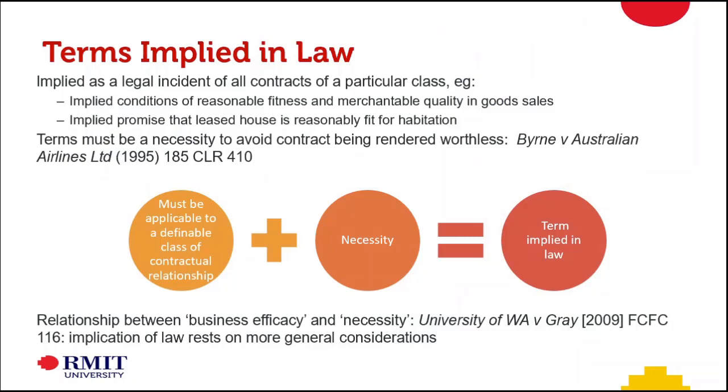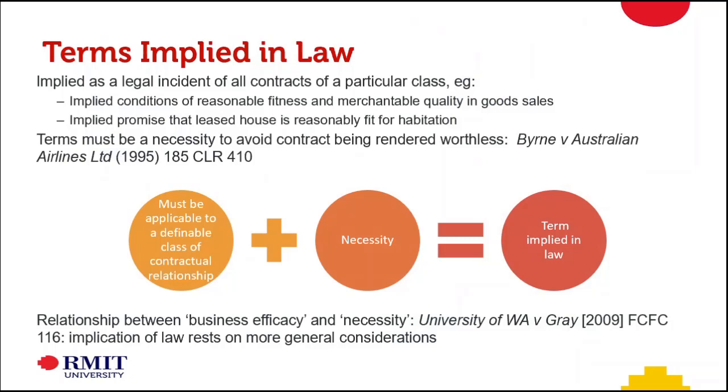Terms that are implied as a matter of law need to be applicable to a definable class of a contractual relationship. So there's a number of implied terms that relate to the sale of goods, for example, merchantable quality, fitness for purpose.